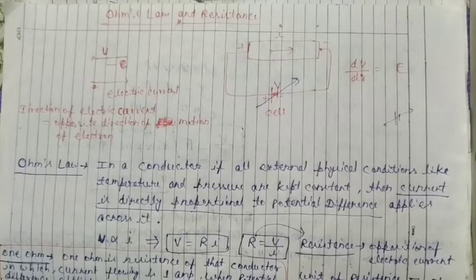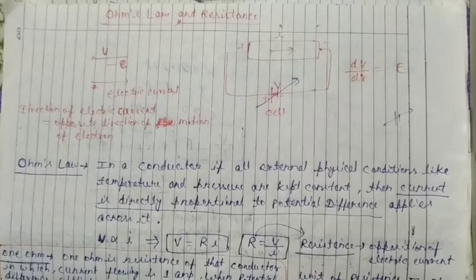But if we change the temperature in between, the current will change. So Ohm put a condition that we should not change temperature. Similarly, we should not change the pressure. We should not change any physical condition.